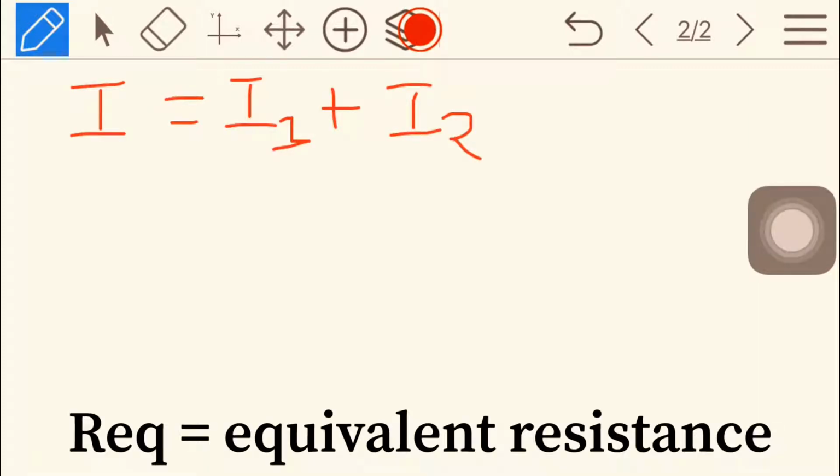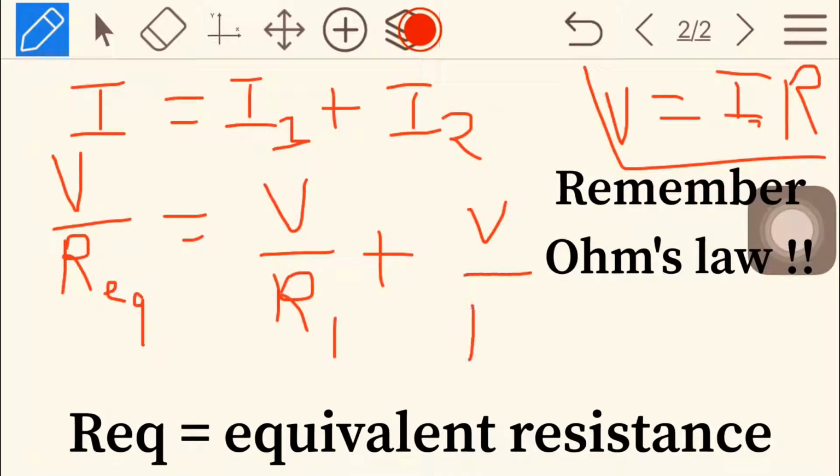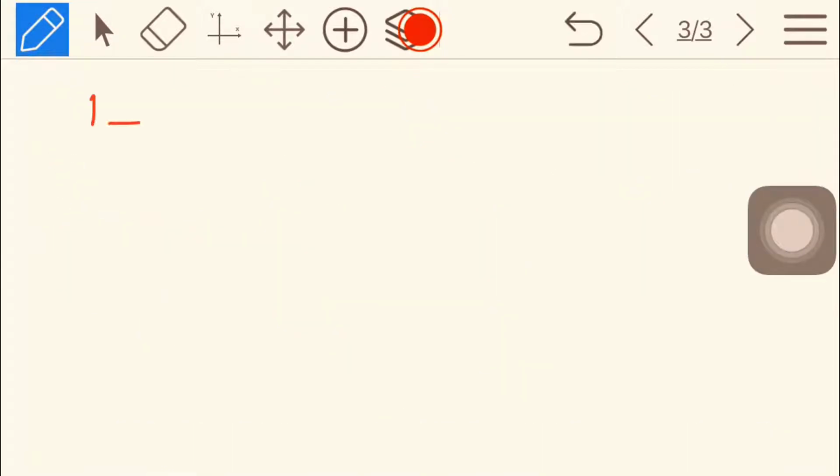So I is equal to I1 plus I2. But we know that voltage V is equal to current times resistance, that is I into R. So replacing current I by voltage and resistance, we get V by Req is equal to V by R1 plus V by R2.